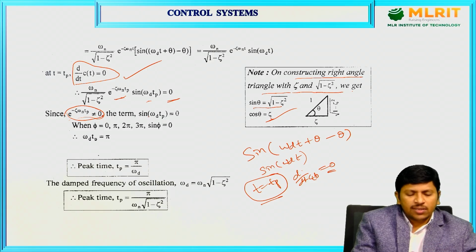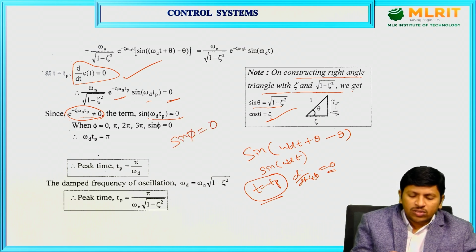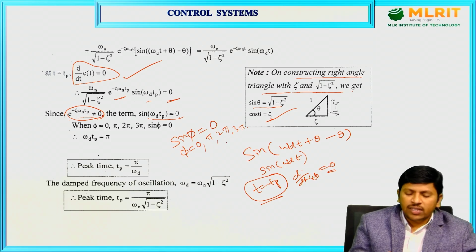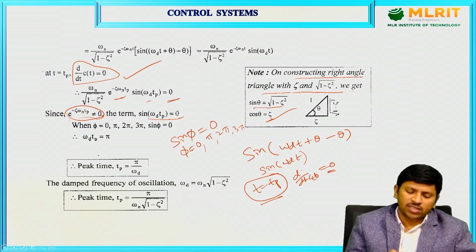The next term is sin of omega d t p equals 0. So sin pi equals 0, and in place of pi we can take 0, pi, 2 pi or 3 pi: sin 180 degrees is 0, sin 360 degrees is 0, sin 3 pi is 0, like that.